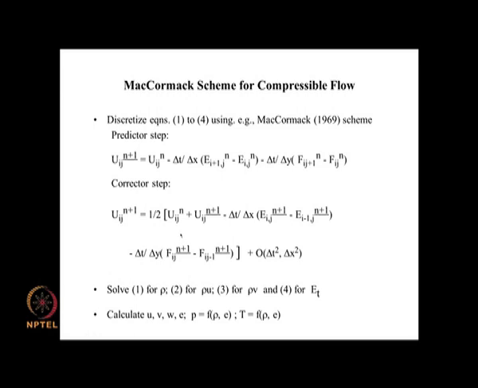So, that equation is solved for rho. Now, after we get rho, we solve using this and this again, but taking the second values for rho u, and then the third equation for rho v and the fourth equation for E_t.